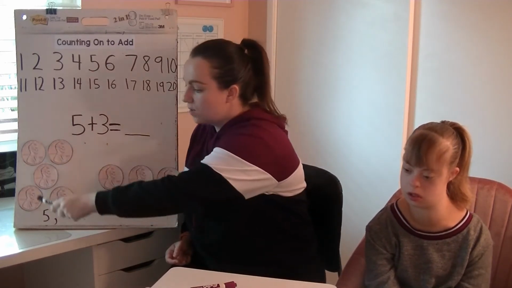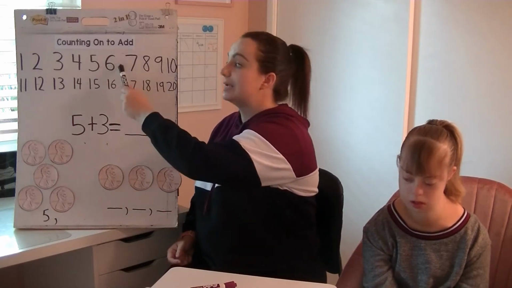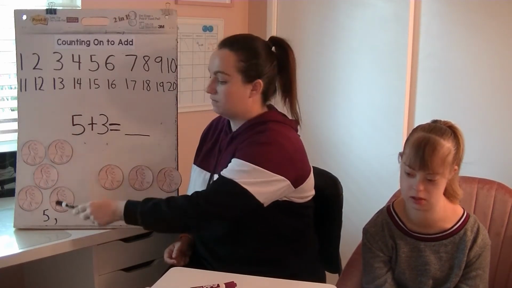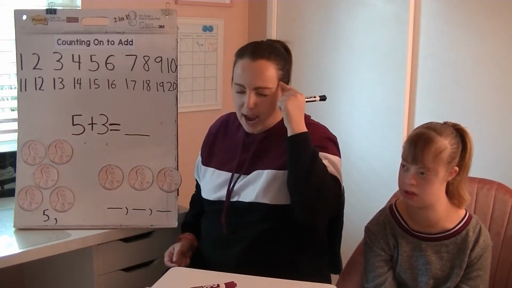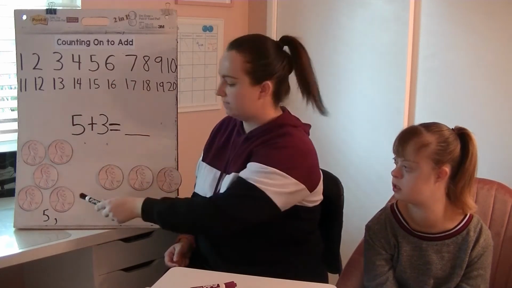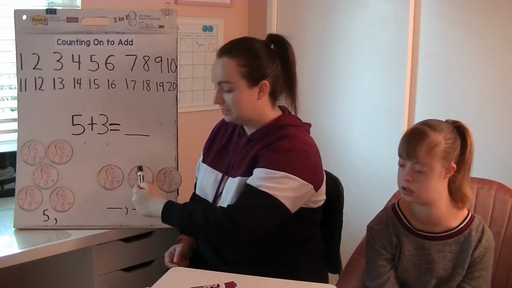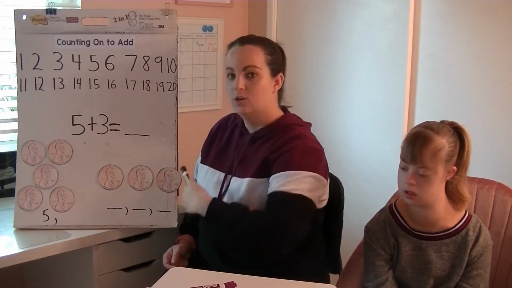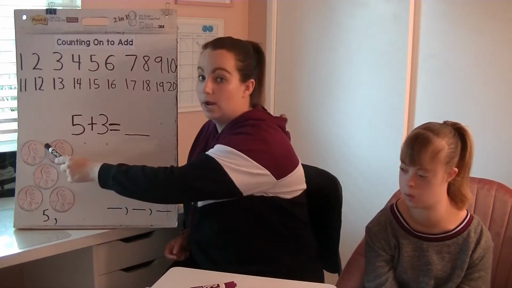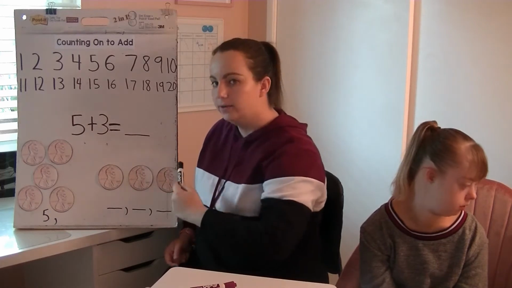You already know you have 5, so then you just count on to the next number. Instead of starting back at 1, you would start at 5 and think, okay, what number comes after 5? You would keep counting and go 6, 7, 8. You would just count on. Instead of starting all the way back from 1, you would start from the number you already know and count on to add.